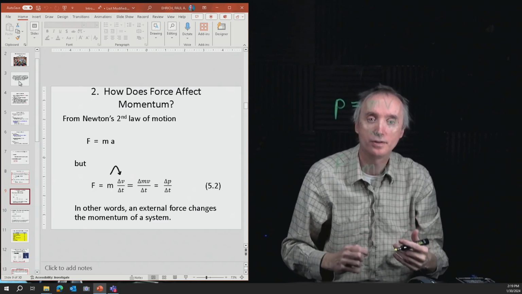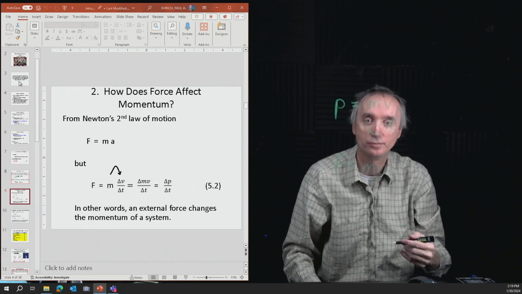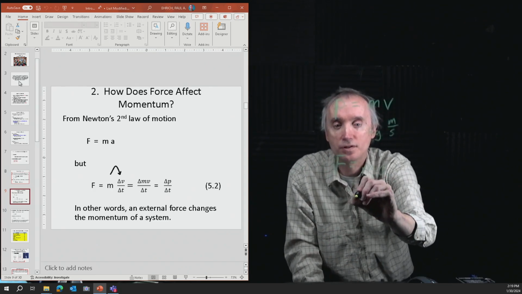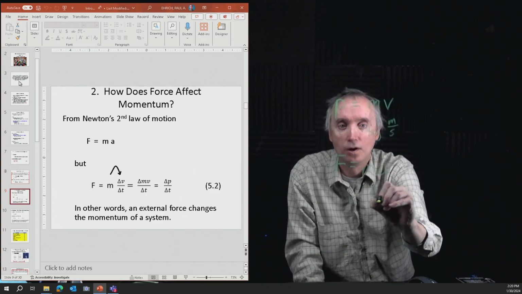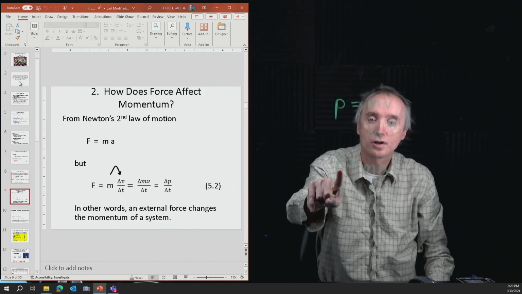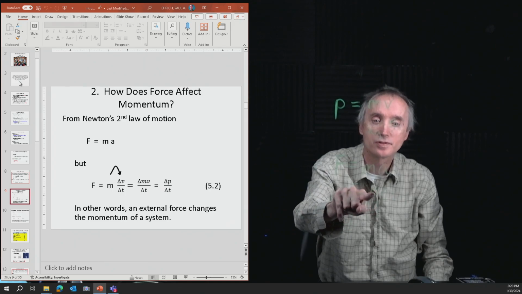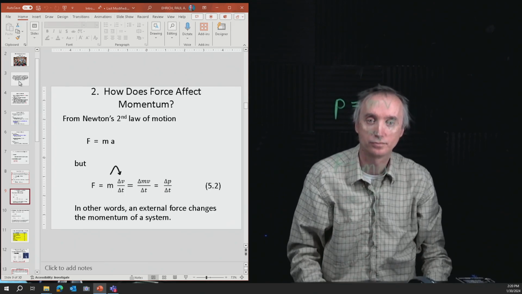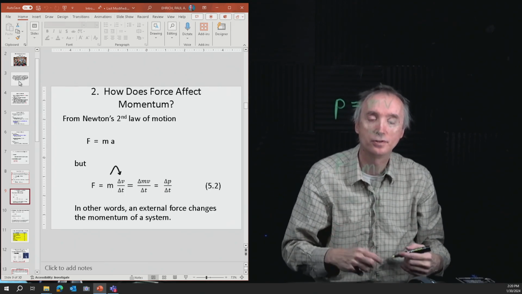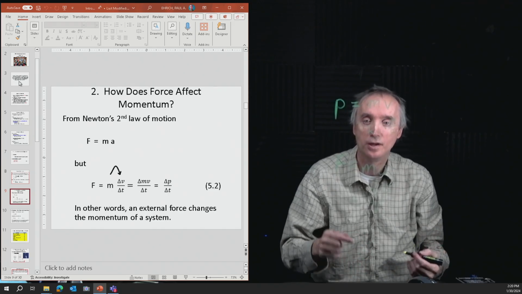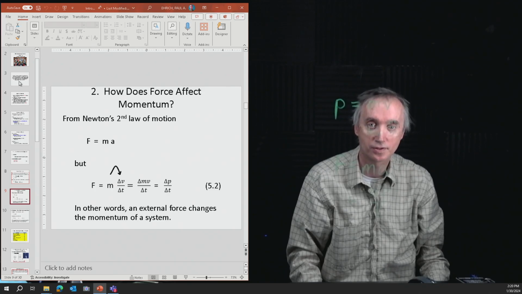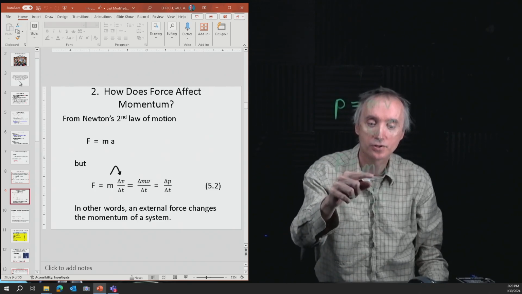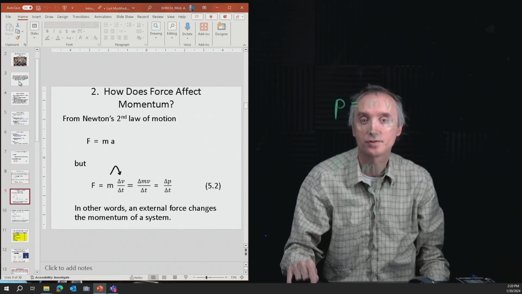But if we write this in terms of momentum, you'll notice that it turns into the change in momentum over time. So a force causes the momentum of a system to change. So that's the version of Newton's second law with respect to the momentum of a system. So forces change the momentum of a system.